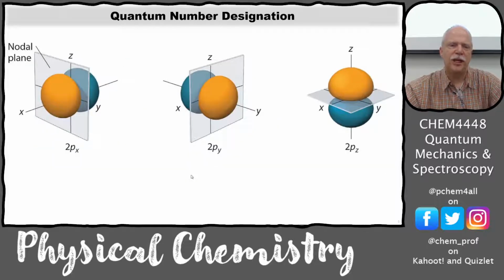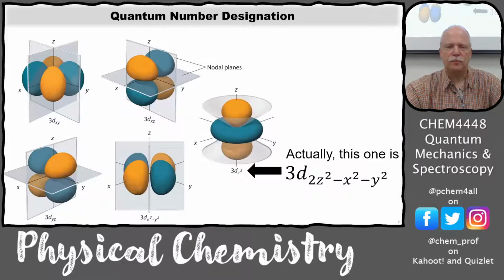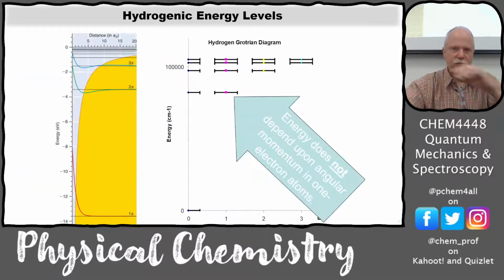We talked about the different shapes of the orbitals last time, so I really want to get to the electron configuration stuff. We talked about how in a hydrogenic system, the energy does not depend upon the angular momentum quantum number, the L. I do want to reemphasize this, in case you missed it last time, that this is a Grotrian diagram. We're going to see more of these.